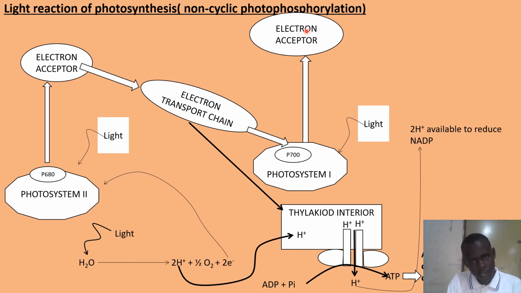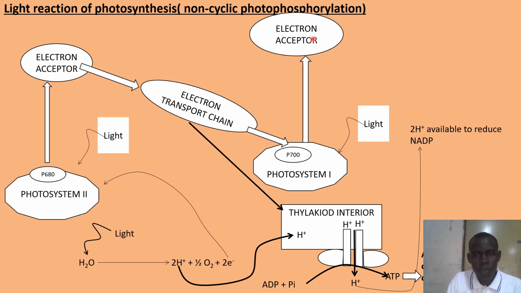These electrons may be returned to photosystem 1 along the electron transport chain, where they can be used in the generation of more ATP. That is called cyclic photophosphorylation, because the electrons move in a cycle: from photosystem 1 to the electron acceptor, then along the electron transport chain back to photosystem 1.